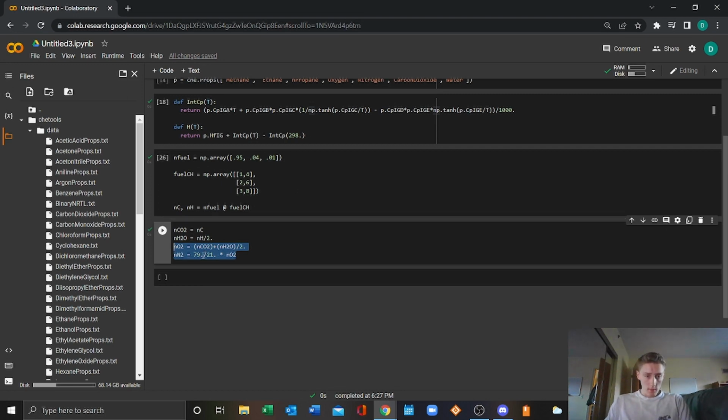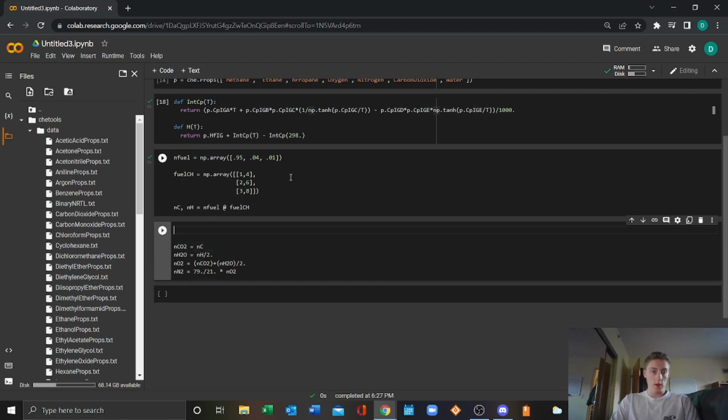So what we can do is just call it excess air, and that equals 1.2. So just 20% of whatever our oxygen is, so then times excess air.